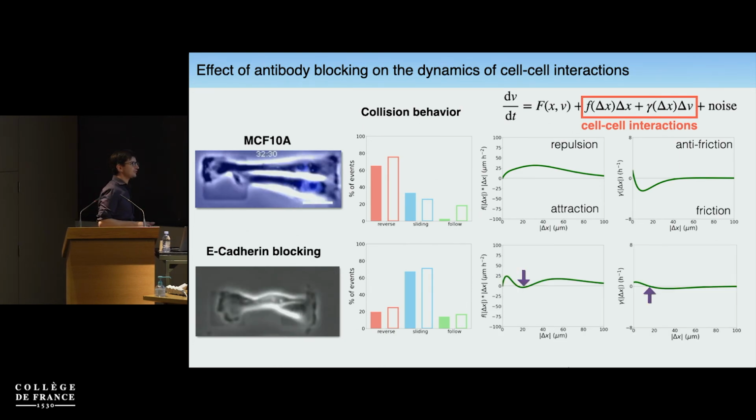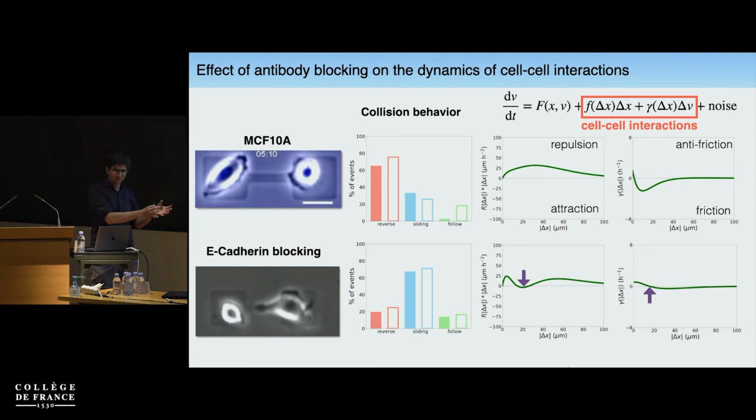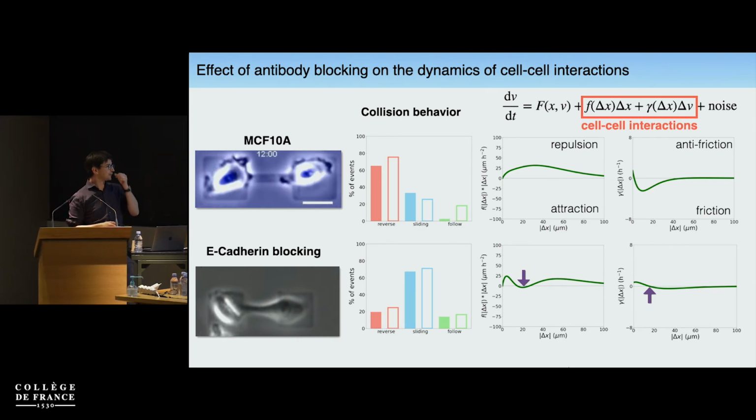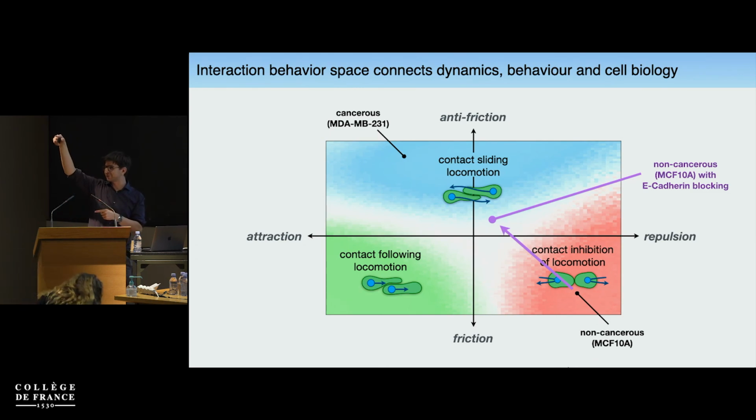If you do the inference, you see that the interaction terms have a different structure. So these molecular perturbations directly influence the interactions between these cells. The result of this, if you go back to the interaction behavior space, is that when we started somewhere in the lower right quadrant for these MCF10A cells, upon performing this molecular perturbation, you see that the behavior of the cell shifts somewhere else in this interaction behavior space.